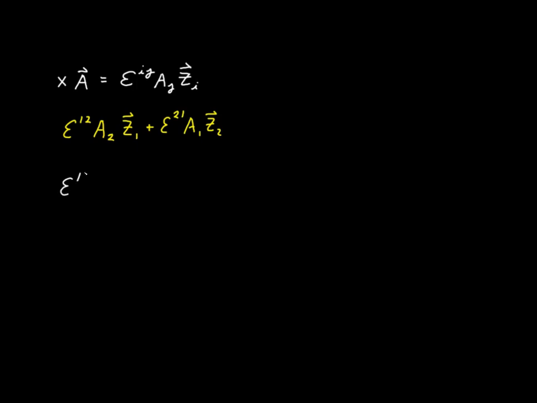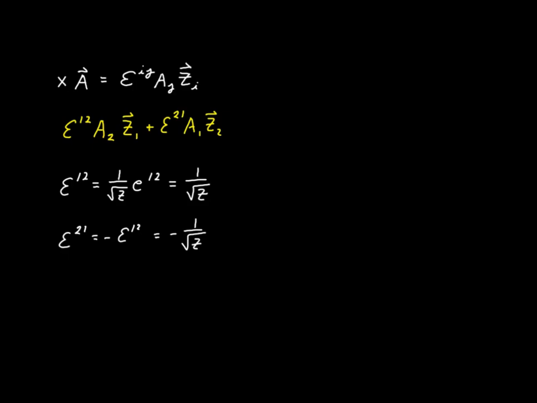Epsilon 1,2 by definition in 2 dimensions is 1 over square root of z times e1,2, again in 2 dimensions. And e1,2 is equal to 1. So this is just equal to 1 over the square root of z. Then epsilon 2,1 is equal to the negative of epsilon 1,2, which is equal to negative 1 over the square root of z.